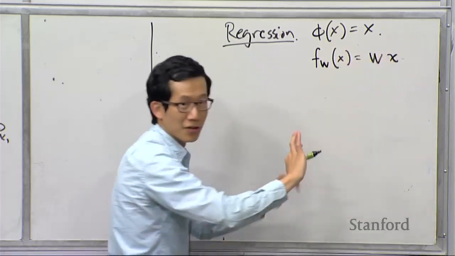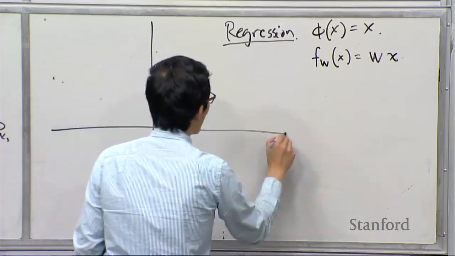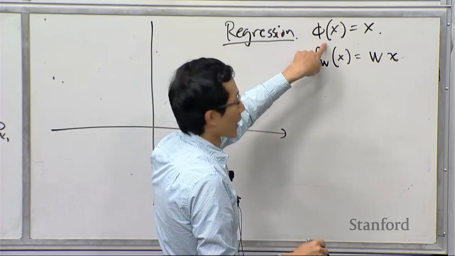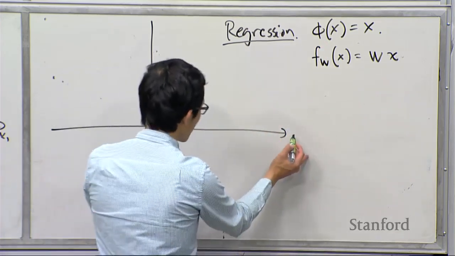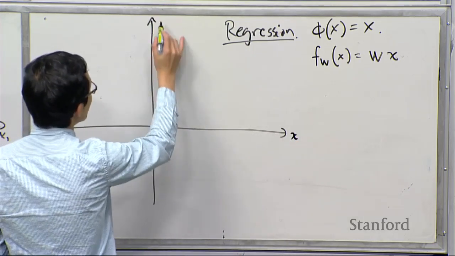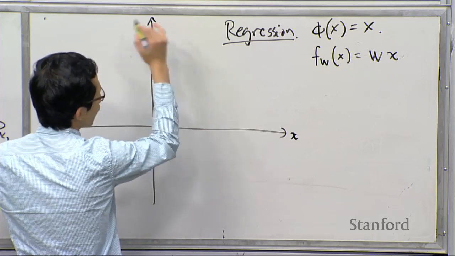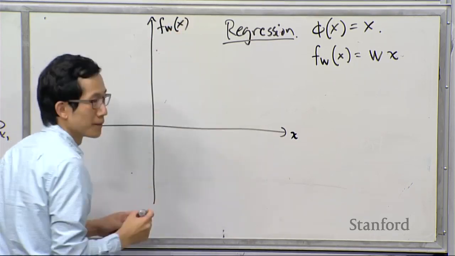There's no dot because I'm in one dimension, so it's just simple multiplication. So fixed feature vector, range w, and see what kind of functions you get. So what are the axes here? This is x, and this is going to be f_w of x.